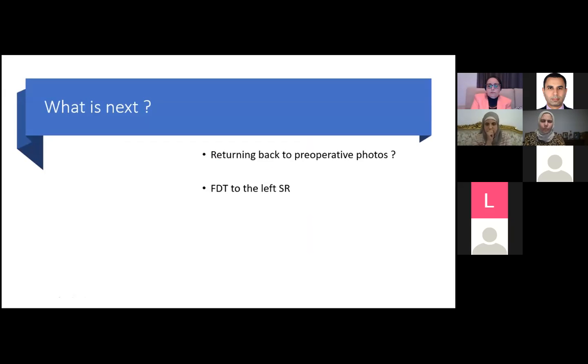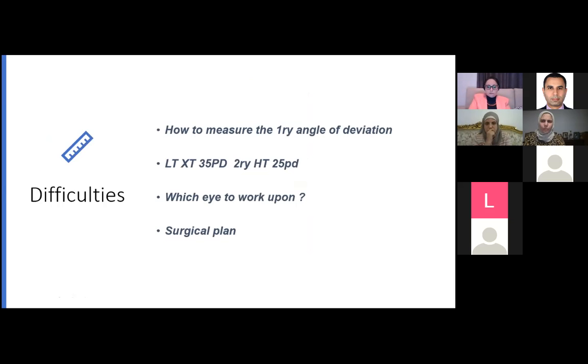So what's next? Returning back to the pre-operative photos, I noticed that the left eye showed limited depression somehow in adduction and in down position, which means that the superior rectus most probably was tight, and this is what I missed during the primary surgery.